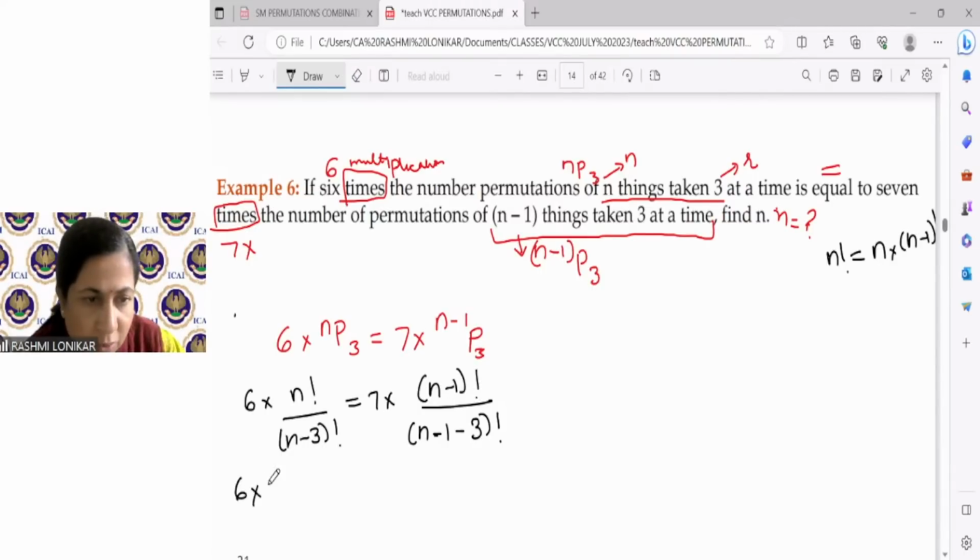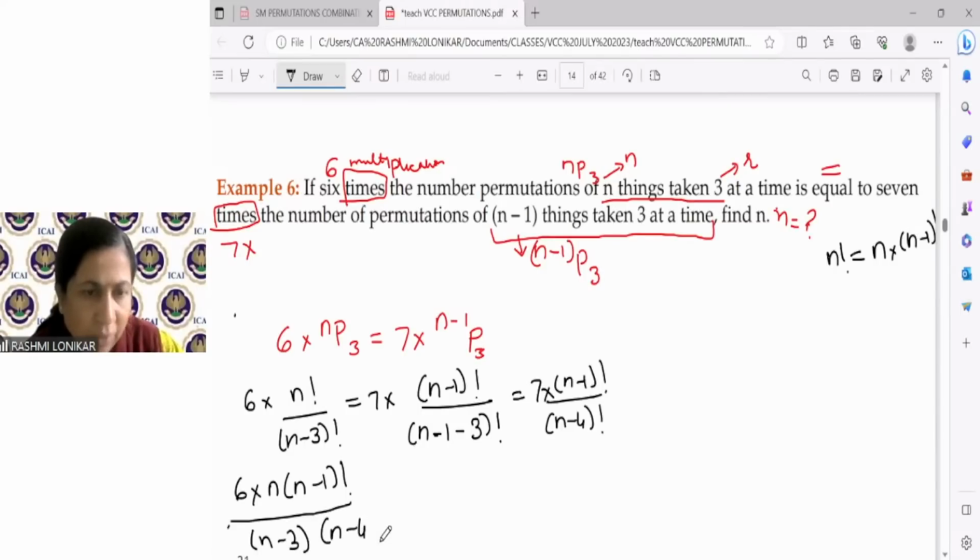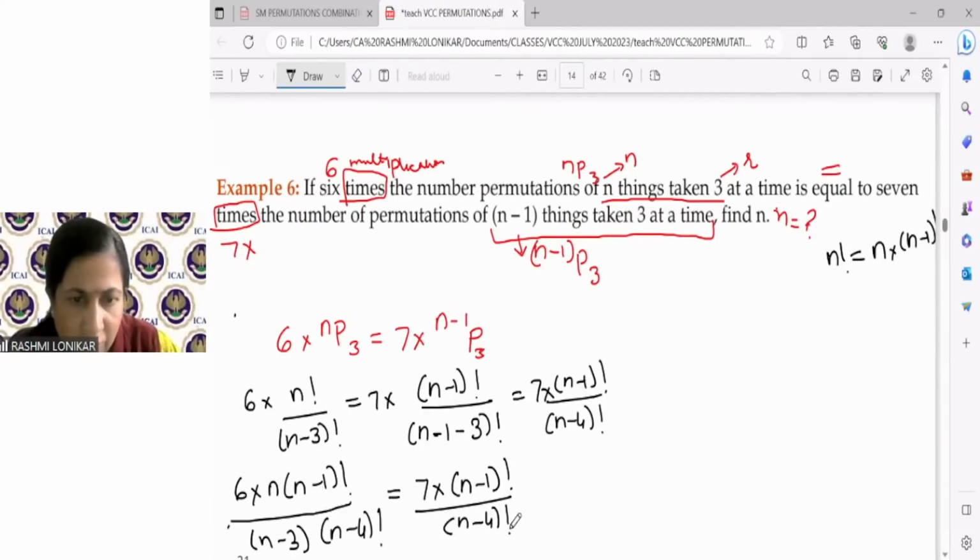So 6 into n into n minus 1 factorial is equal to 7 into n minus 1 factorial upon n minus 1 minus 3, which is n minus 4 factorial. Instead of n minus 3 factorial, I can write n minus 3 into n minus 4 factorial.